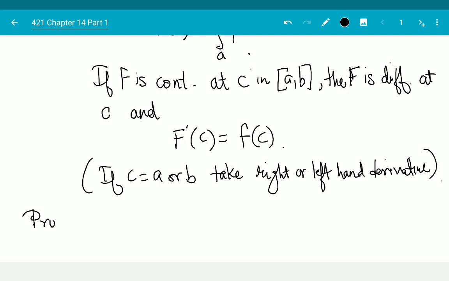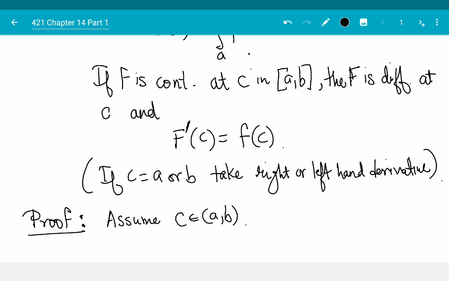Okay, so that's my first great and nice theorem, because this is in a way telling me some function whose derivative at c gives me f of c. Okay, so I am going to assume c belongs to (a, b).